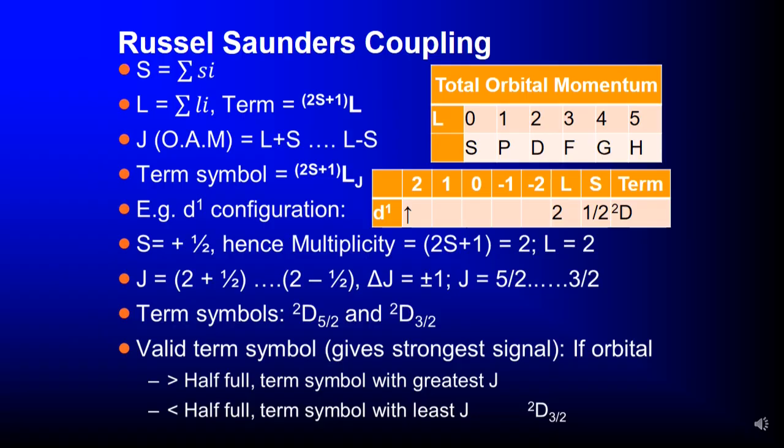For the Russell-Saunders coupling, you can see those terms that we are talking about: the S, the L, the J, the S, and the MS. So you can see in this scenario a total orbital momentum. You can see how this works.